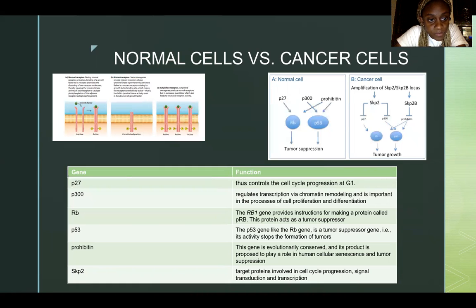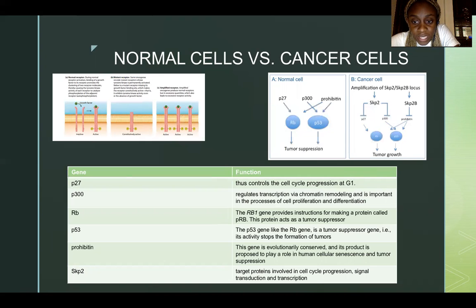So when the growth factor binds to the receptor, that will cause it to be active. However, in the mutant receptor, the receptor is always active, so you don't need a growth factor to bind to it. And the image to the left shows the different genes that are associated with normal cells and cancer cells.